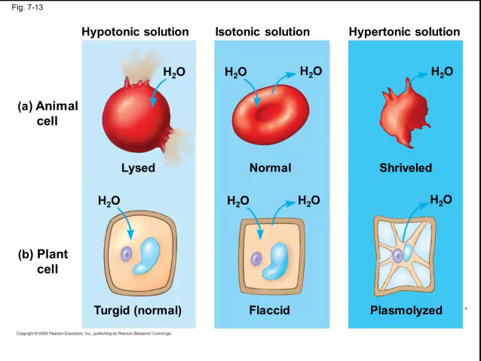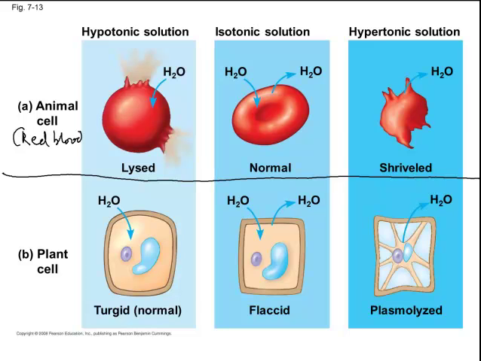Now we have to talk about the fate of an animal cell when exposed to the three different kinds of solution, and a plant cell when exposed to the same. I would like to go stepwise and talk first about the animal cell, the RBC. They have taken the red blood cell, which you will be doing in the lab experiment, hopefully this time.